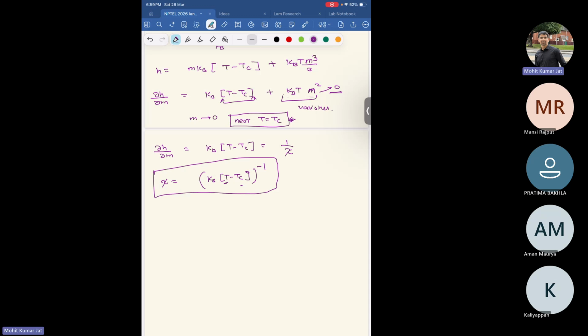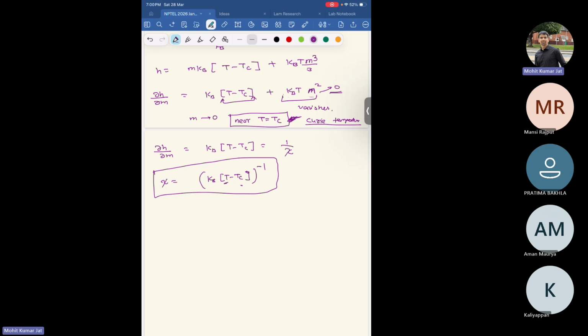This temperature is something we read in our 10th or 11th class books also, and we also call it the Curie temperature. For iron, I think it's 600 and something centigrade. If you heat it above that, it's non-magnetic, and if you cool it below that, it becomes magnetic.